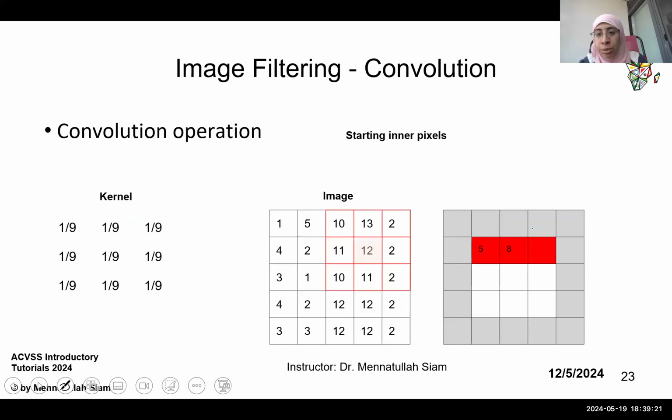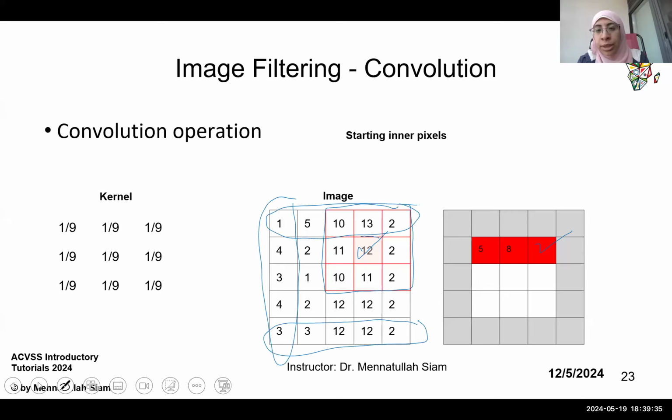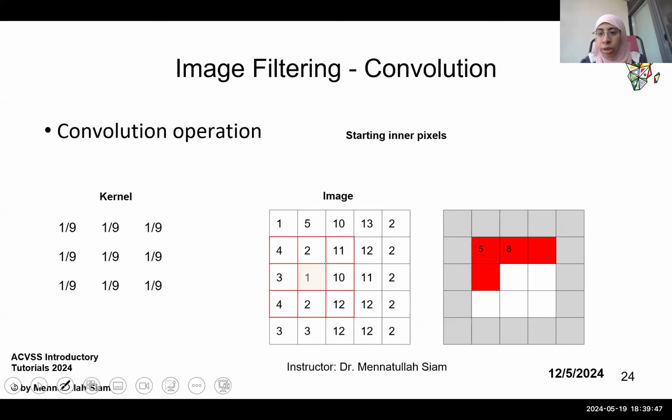The next step is to center it around this pixel and compute the corresponding output here. Again, I'm ignoring the boundaries for now, but we'll see that you can also process the pixels at the boundaries. I computed this, I computed this. Now I need to continue with the sliding window, so I go to the next pixel in the next row.